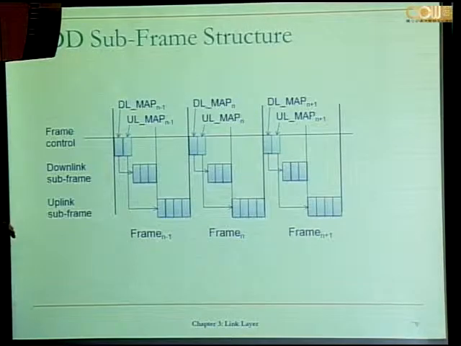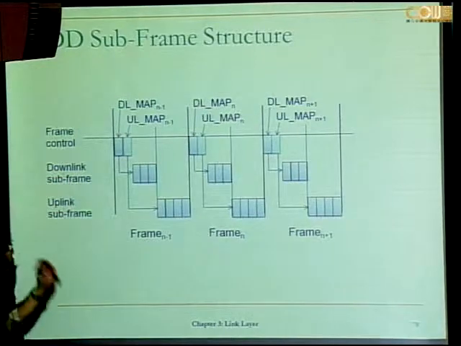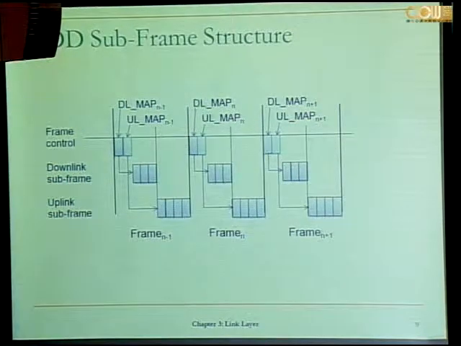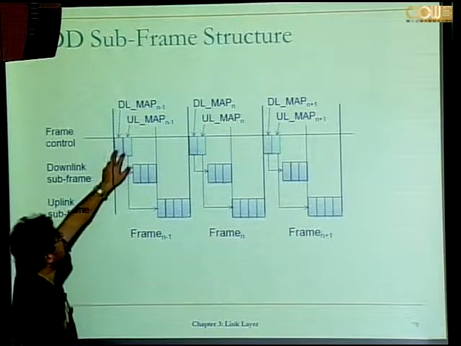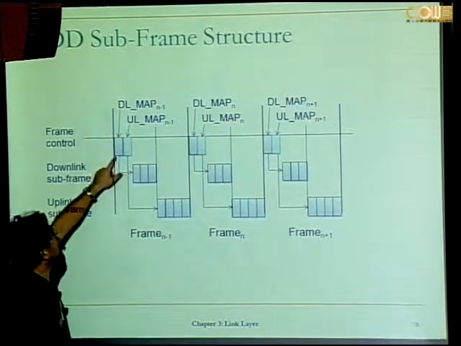Okay, so here's how they divide the uplink and downlink, and how the base station informs the mobile station about the slot. They have 2 maps. One is the downlink map and one is the uplink map, sent from the base station.